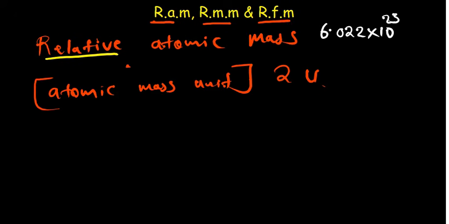Now what about the relative molecular mass? What comes to your mind? Since we've already talked about the relative atomic mass, which is shown on our periodic table, how do we define the relative molecular mass?